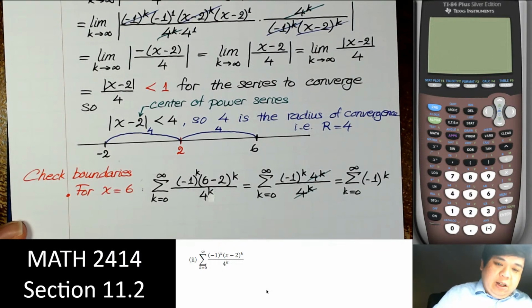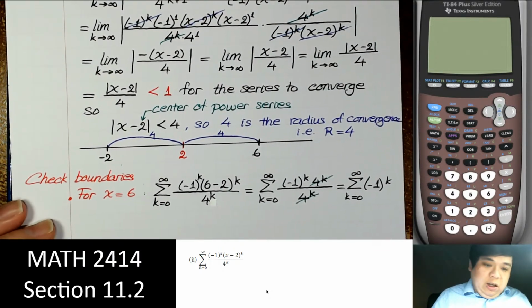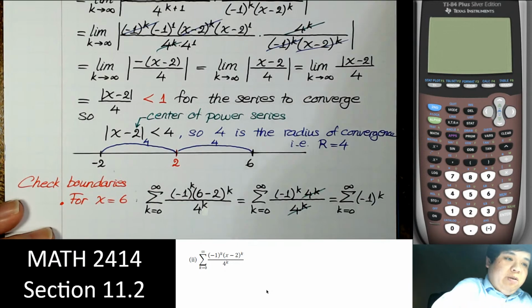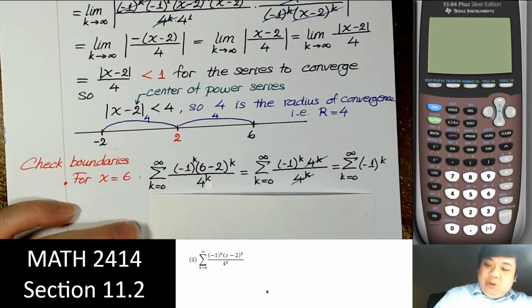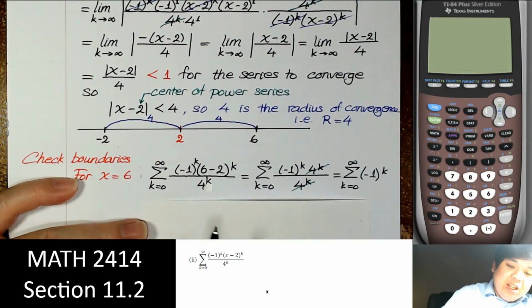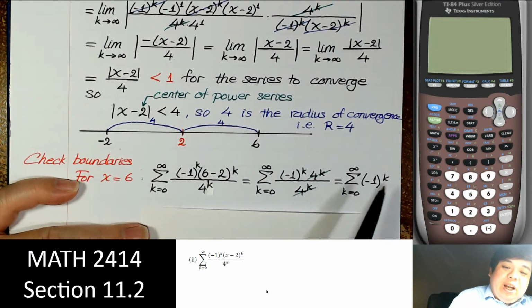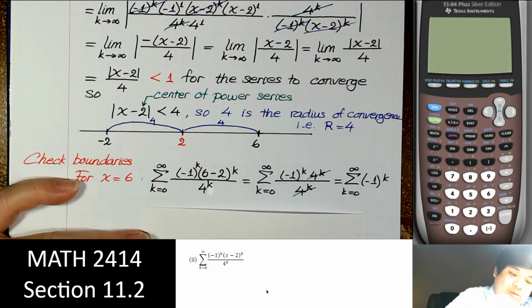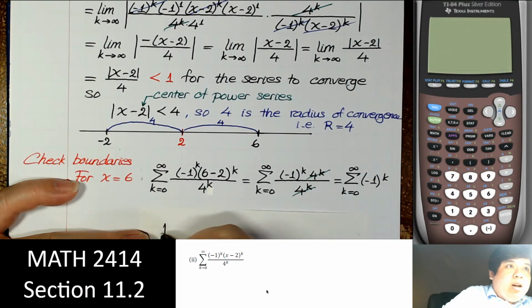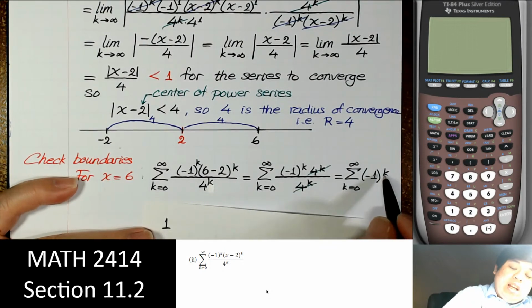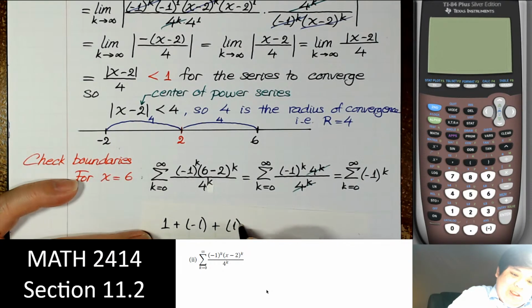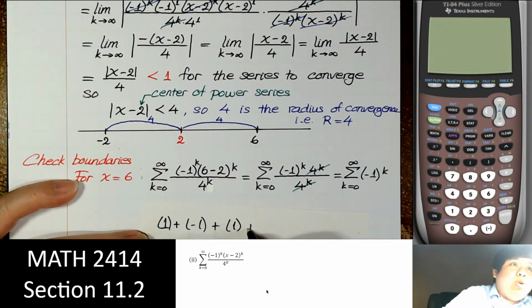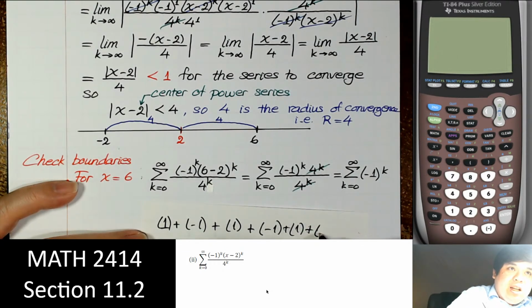Right, now what's that series? Is that convergent or divergent? So we don't even need to have any test, just have good reasoning skill, and that should be it. So negative 1 to the k, when k equal to 0, negative 1 to the 0 power is 1. When k equal to 1, so pretty much we just have plus 1 minus 1 plus 1 minus 1 plus 1 minus 1.